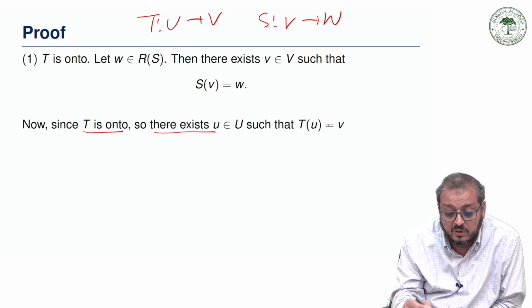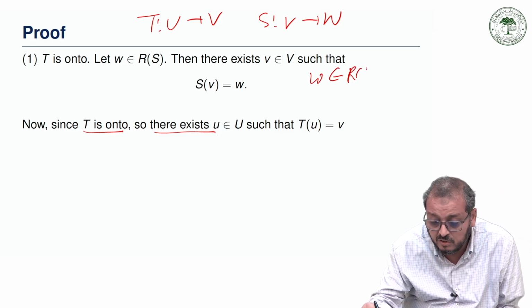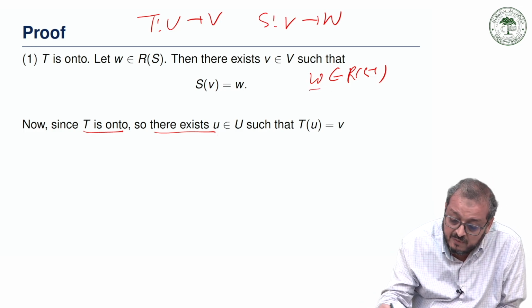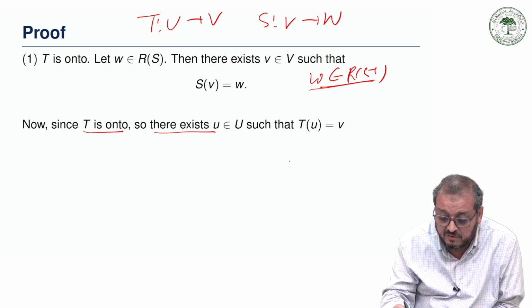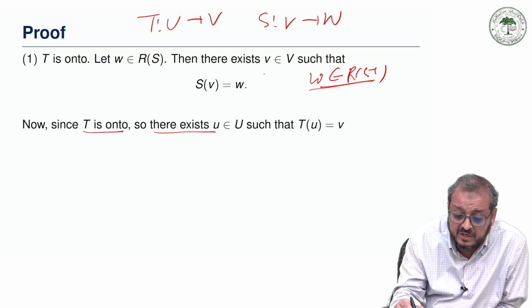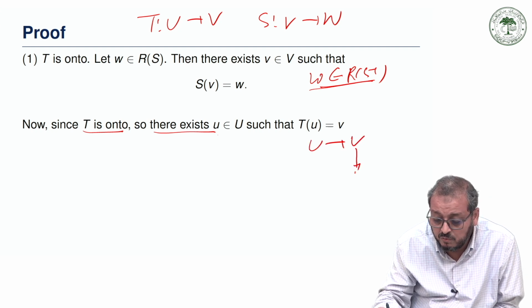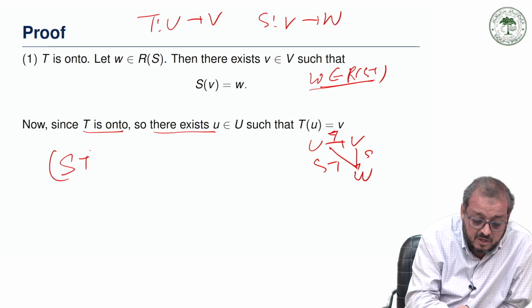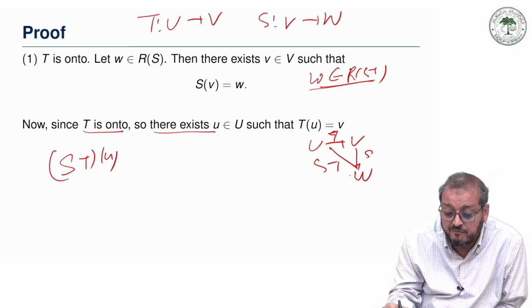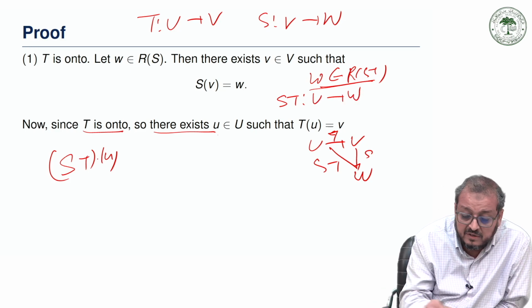Okay, now we have to show that this w is an element of the range of ST. The composition map ST is mapped from U to W, taking u to v by T and v to w by S. So ST is nothing but S of T over u.